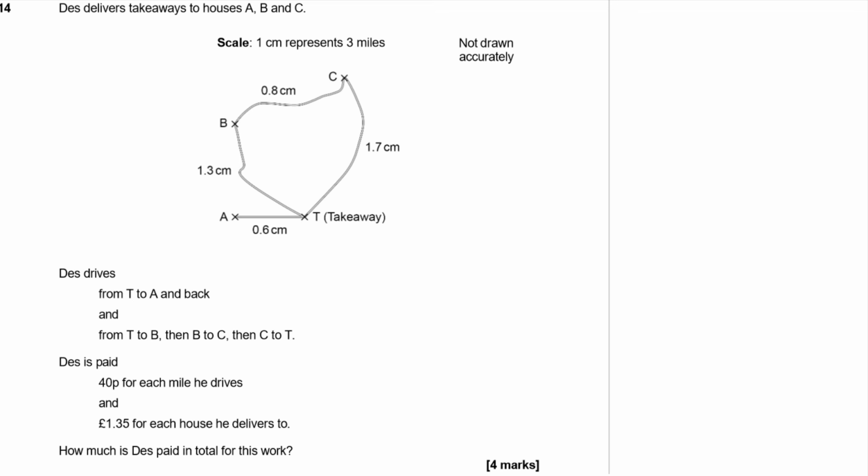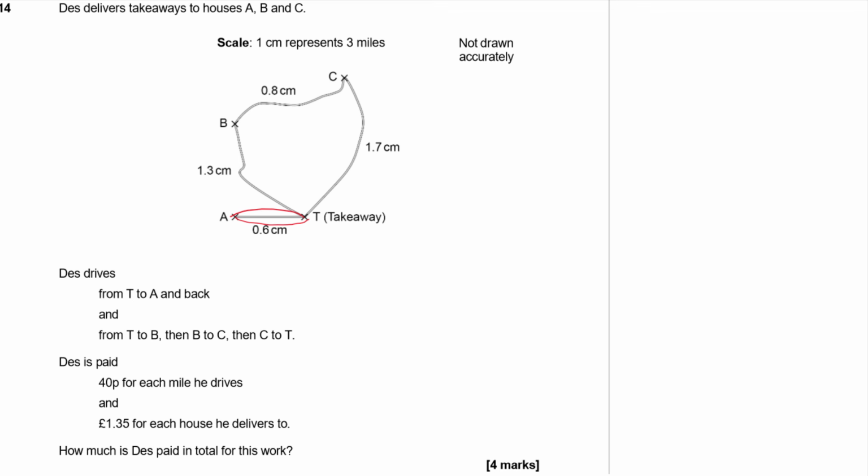So Des drives from T to A and back, and from T to B, and then B to C, and then C to T. So he's going from T to A, and then back again.